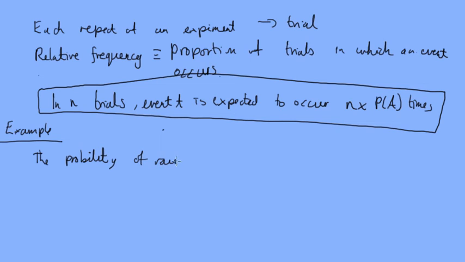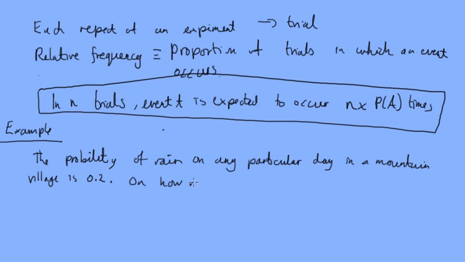Let's say the probability of rain on any particular day in a mountain village is 0.2. On how many days is rain not expected in a year?